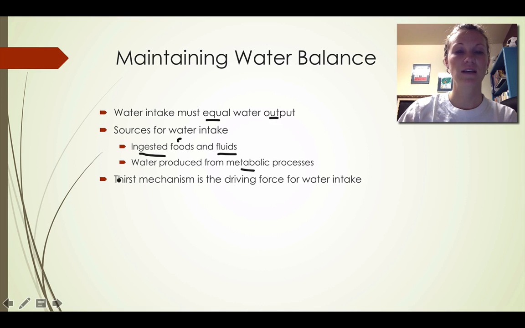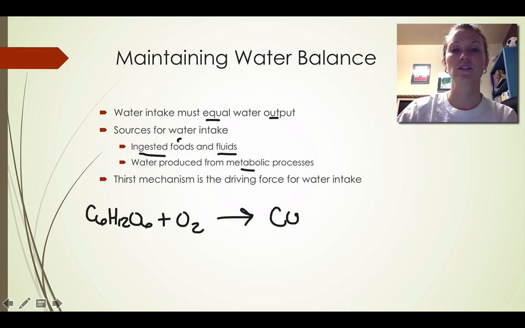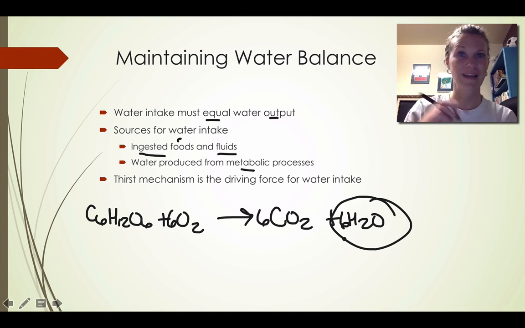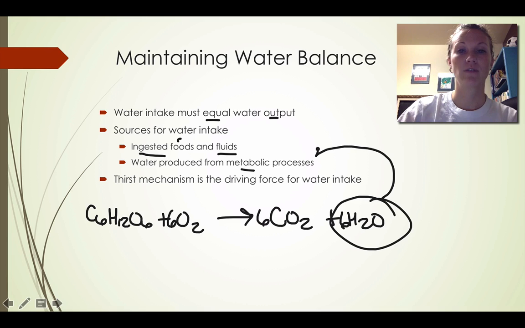If you watched the digestive system videos, we talked about how you start with C6H12O6, or glucose, and you add oxygen to that, and you ultimately release carbon dioxide and water. I guess I could balance this equation here. But this water that's being produced is not the same water that you drink in. It's metabolic water. So this would be an example of water that's produced metabolically.